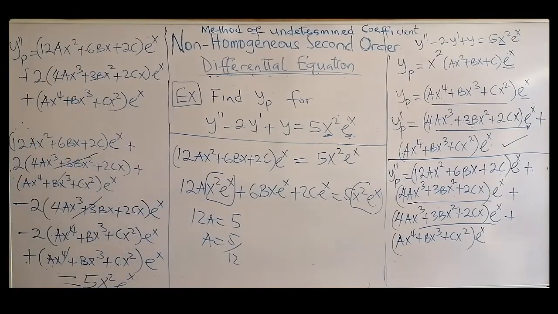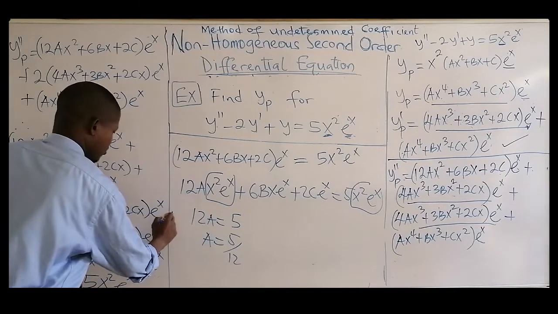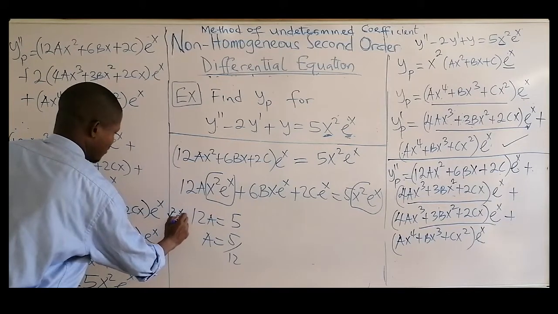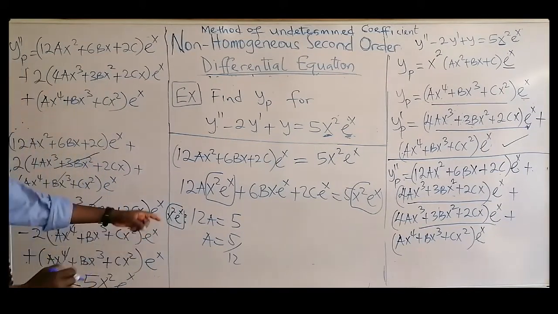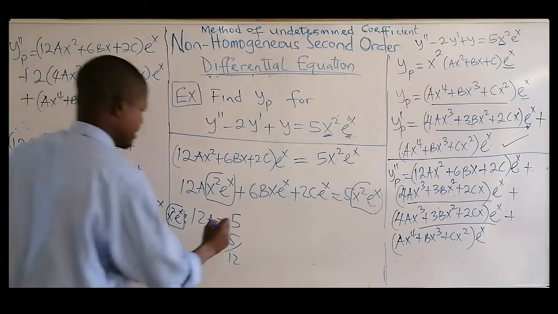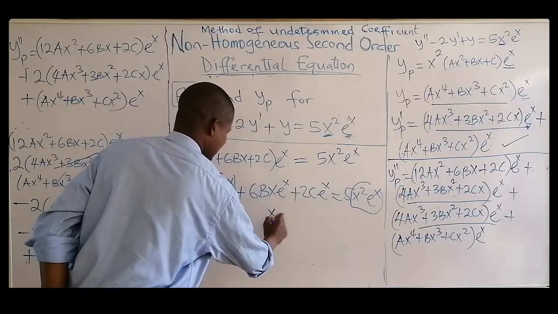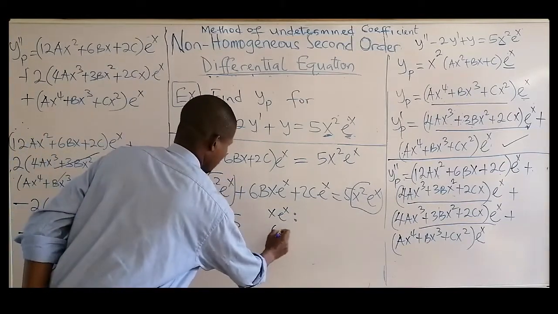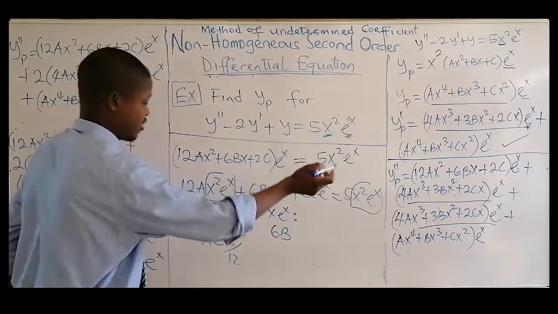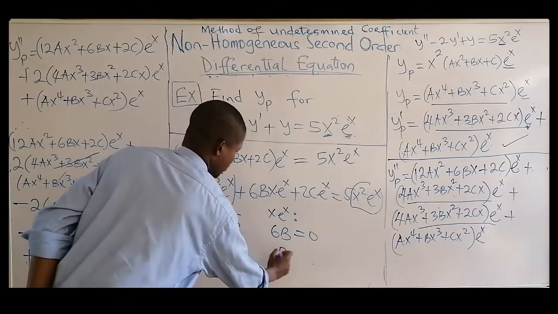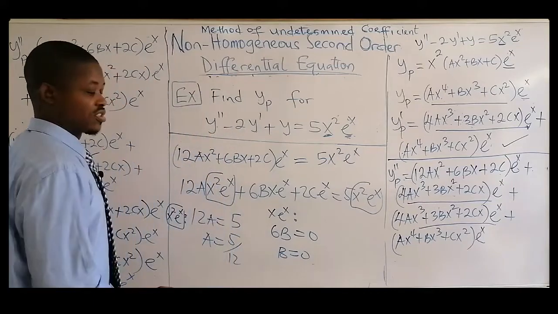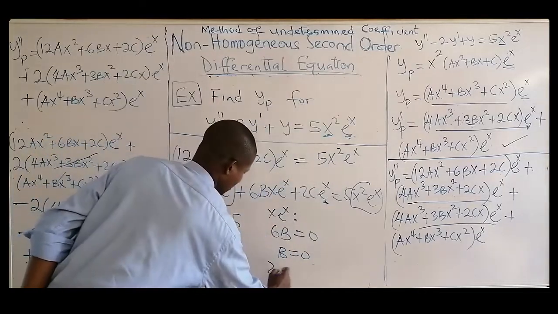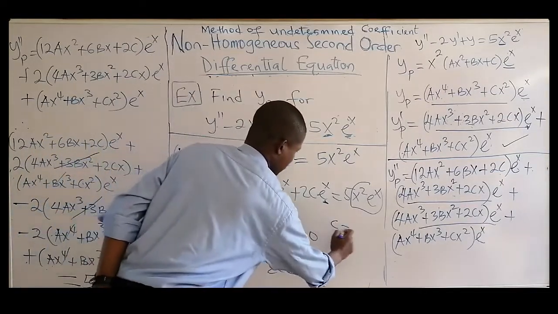That's the coefficient of x²eˣ. Then the coefficient of xeˣ, equate that coefficient also. We have 6b, that's the only one. We don't have it on the other side, so that's equal to 0. So b is 0. Also equate the constant, the exponential terms. We don't have it on the other side, so 2c equal to 0. So c also is 0.